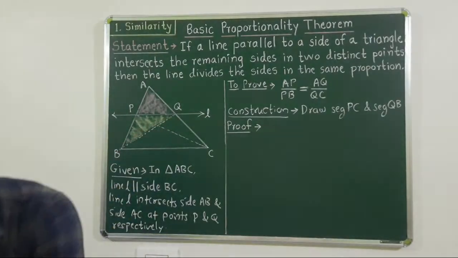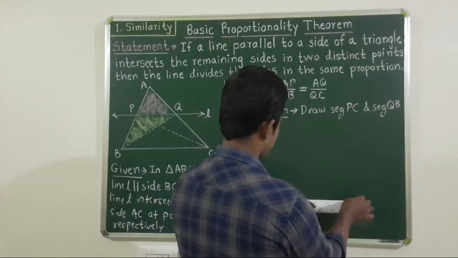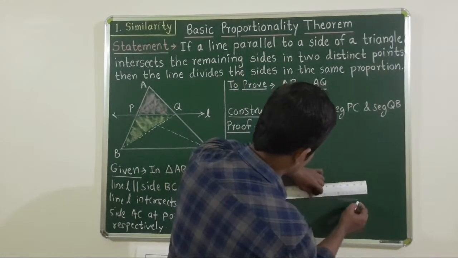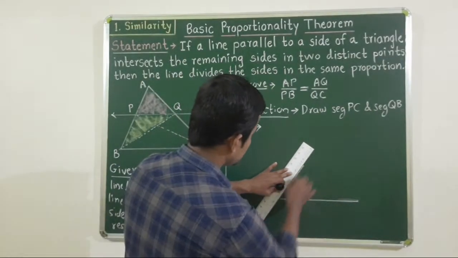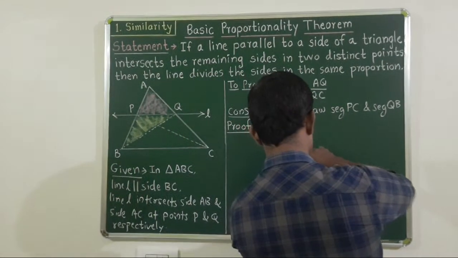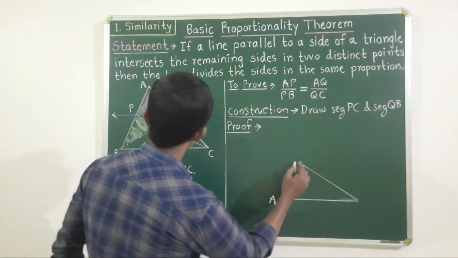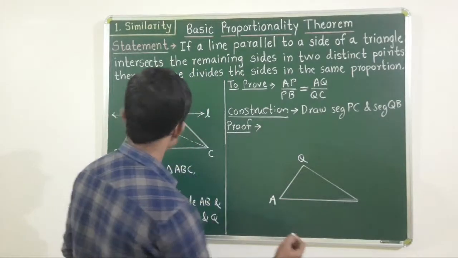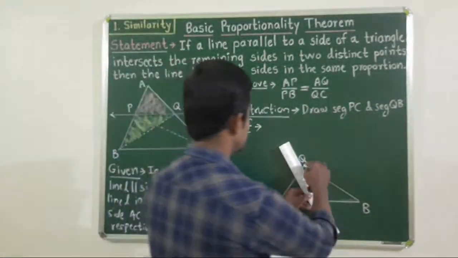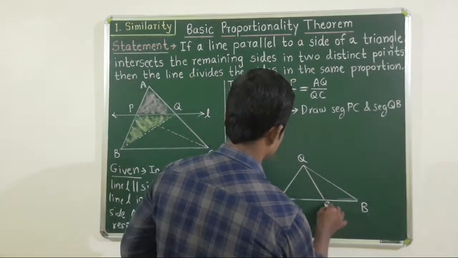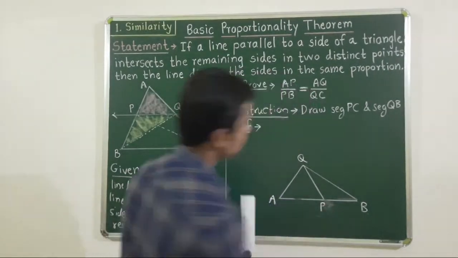Means if you draw these two triangles separately like this, this is A, here is point Q, and here is B, and here is your P.